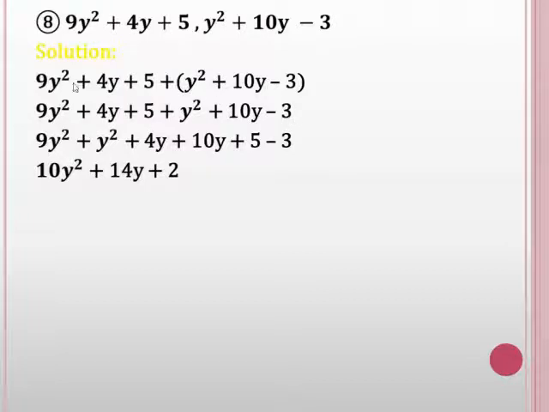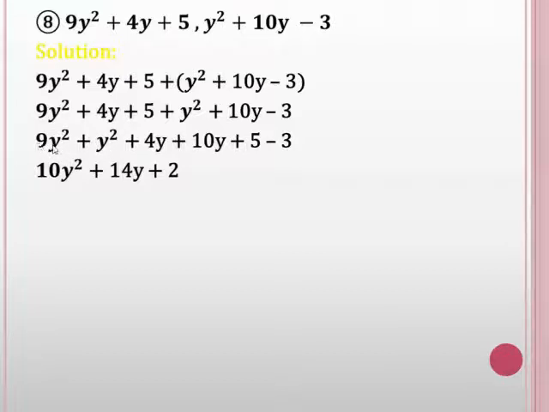Now we separate the like terms having the y square variable, 9y square plus y square. Now we separate the like terms having the y variable, these are 4y plus 10y. Now these having no variable are the constants. So we write the constants at the end, plus 5 and minus 3. Now here we have to add these terms.